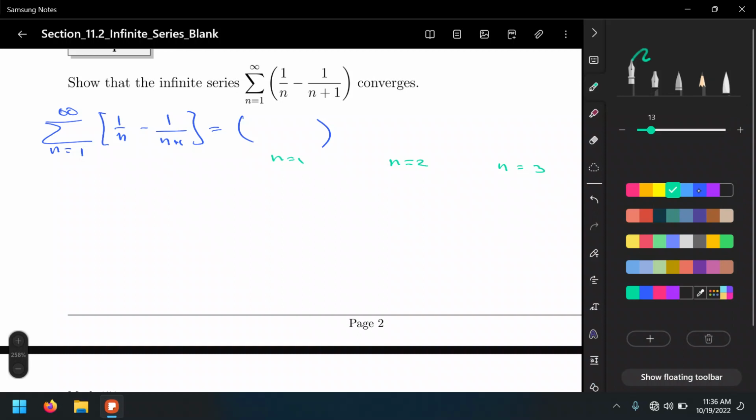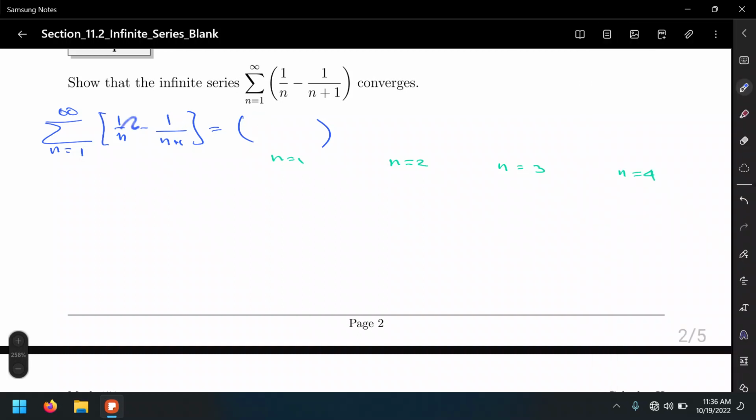So that's 1 over 1, which is 1, minus 1 over 1 plus 1, which is 2. Plus, n equals 2: 1 over 2 minus 1 over 2 plus 1, which is 1/3.